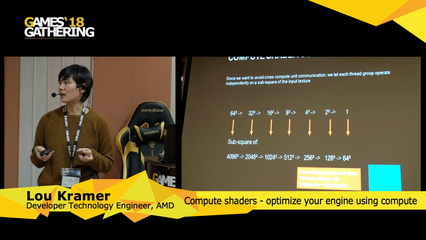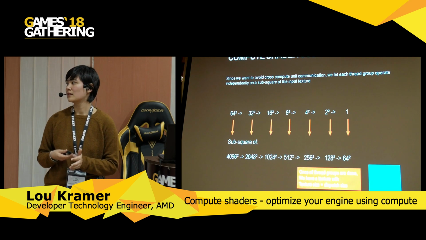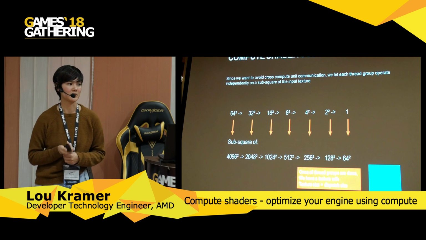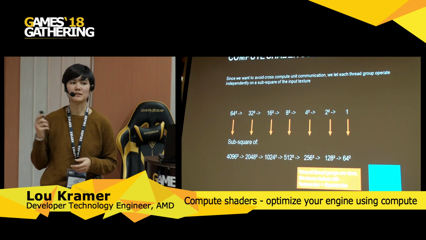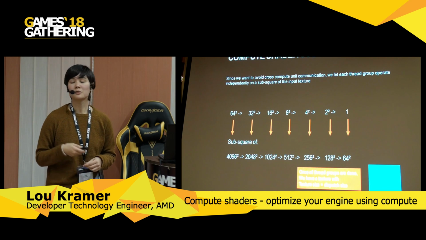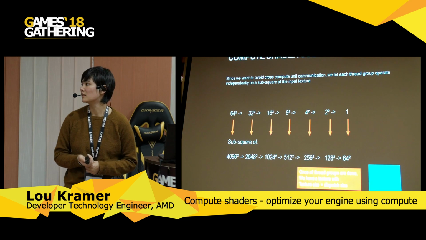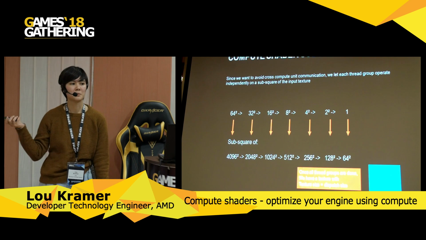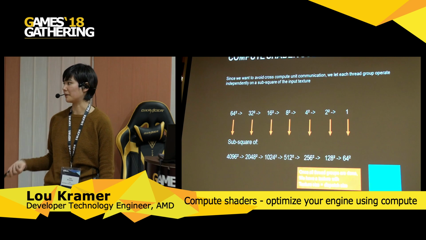Then the 64 subpatch gets downsampled to 32, which in turn is a subsquare of the first intermediate level, 2048, and so on, until the 64 subpatch gets downsampled to 1, which is a pixel of the intermediate level 64 squared. And now we only need to compute the last MIPs, so the remaining 64 squared down to 1.